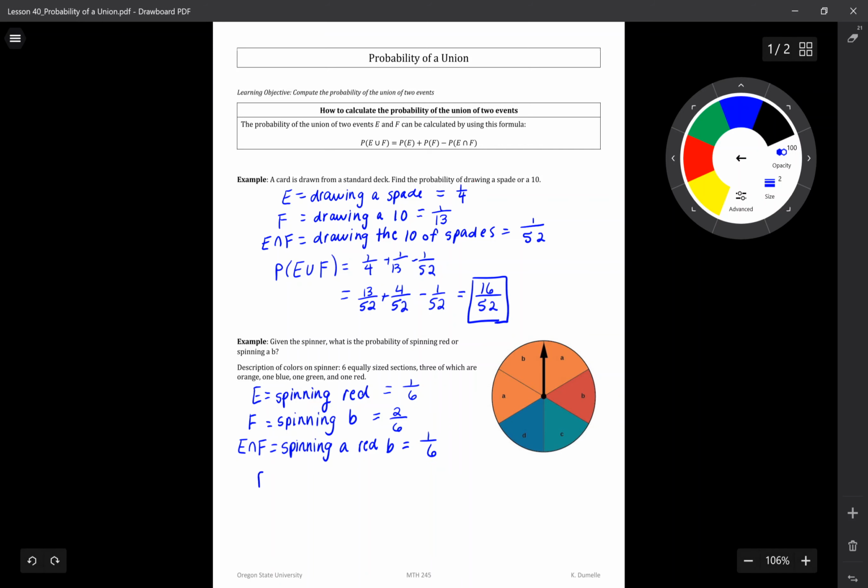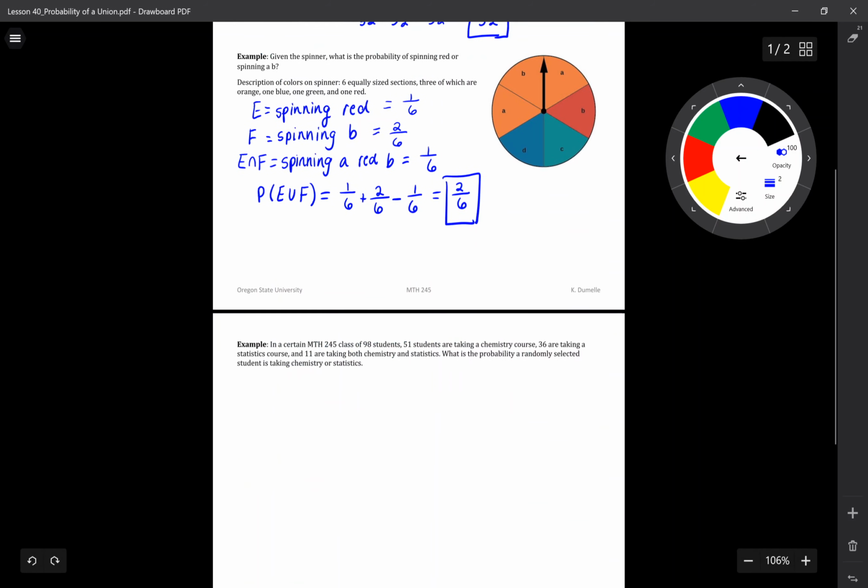So the probability of spinning a red or spinning a B is 1/6 plus 2/6 minus 1/6, or 2/6. In this case, spinning a red B was the only way that we could spin a red, so that's why those 1/6 canceled out with each other. That way we didn't overcount the red B.